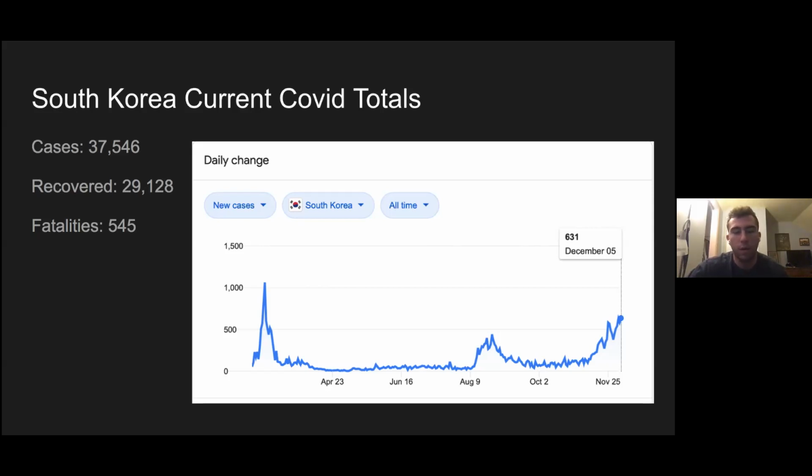South Korea's only had a little over 500 deaths and almost 40,000 cases, which is not as much as some of the other counterparts, especially compared to their population. Next slide.